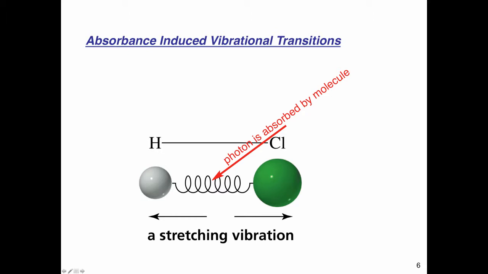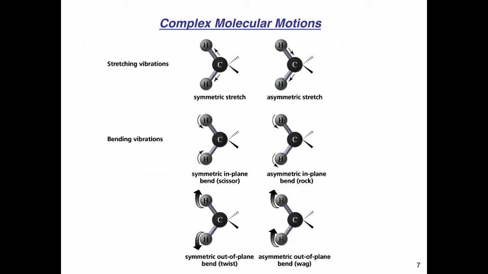So imagine the bond lengthening as the spring stretches and then coming back together and stretching again and going back together. So the energy required for each type of bond is quantized. It's specific for that type of bond that you will see that creates that kind of motion.